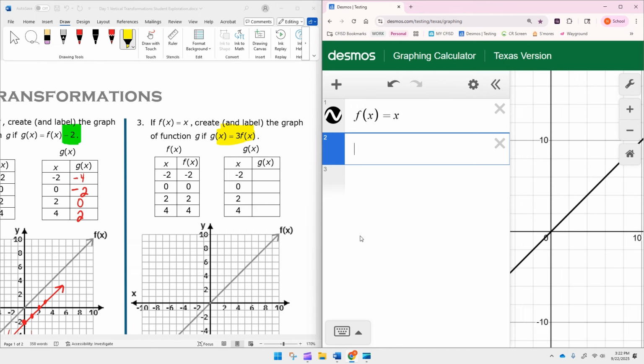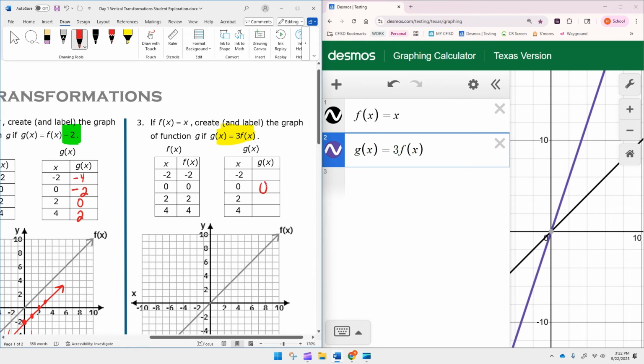So I'm going to type this in: g of x equals 3 f of x. I'm not adding or subtracting. Now, notice this new line here is not parallel. It's intersecting the original graph. So it has the same y-intercept of 0. But if you notice, our graph is more steep.